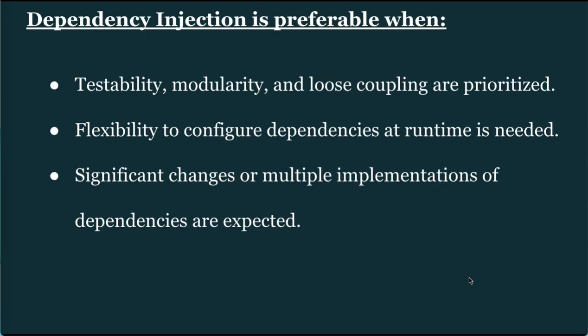Dependency injection is preferable when testability, modularity, and loose coupling are prioritized, flexibility to configure dependencies at runtime is needed, and significant changes or multiple implementations of dependencies are expected.